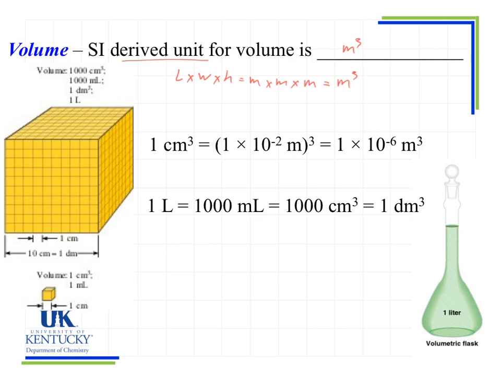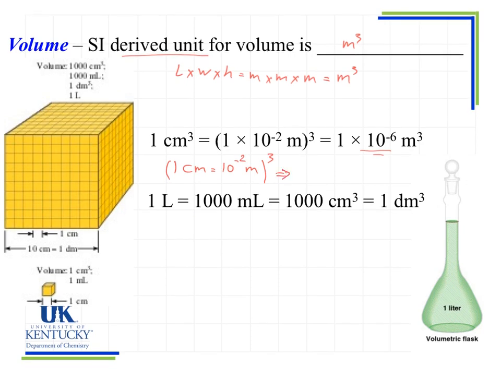But cubic meter is a very large unit, and sometimes we use cubic centimeter. To convert cubic centimeter to cubic meter, it's 10 to negative 6, but how do we get it? So let's say I prefer to write it this way. We know 1 centimeter, we talked about this, is 10 to negative 2 meter, okay? So it's cubic centimeter. So if we cube the whole thing, the cube goes to every single one of these.